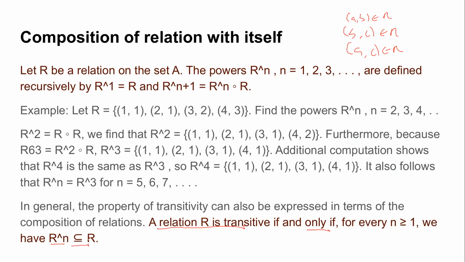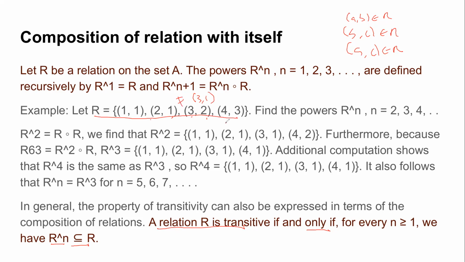Now let's try to verify it. Is this R a transitive relation? Yes, class, is this R a transitive relation? No, it is not, because you can see you have 3, 2, you have 2, 1, but you don't have 3, 1.